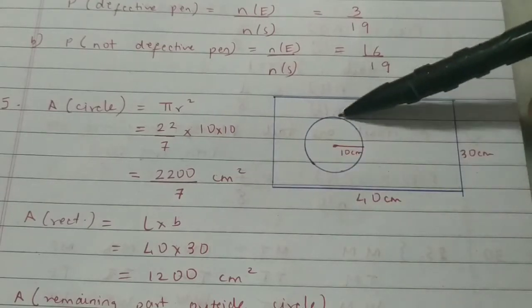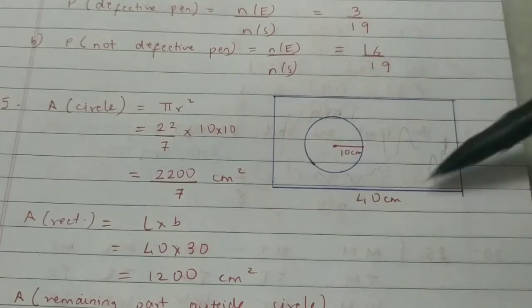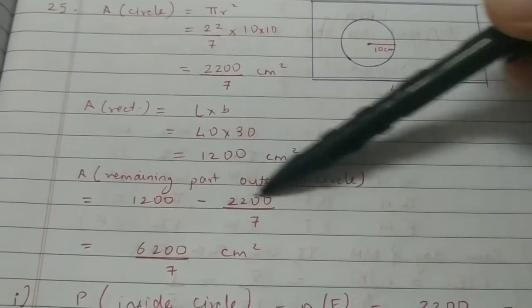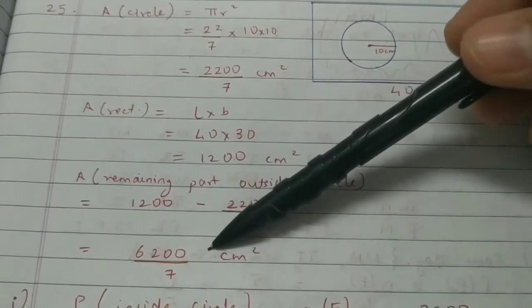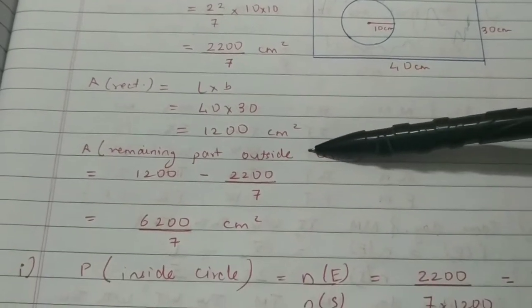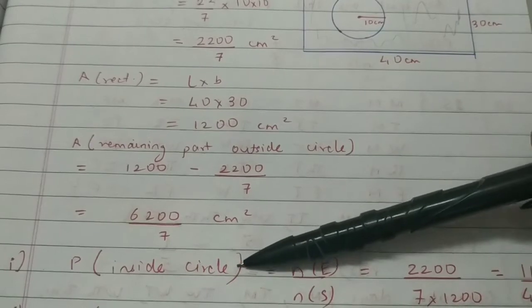So let's find the area outside the circle. Area outside the circle is area of the rectangle minus area of the circle, which is, after LCM, 6200 upon 7 centimeters squared. Do not convert it to decimal. What's the probability that the dice falls inside the circle? Roman number 1.